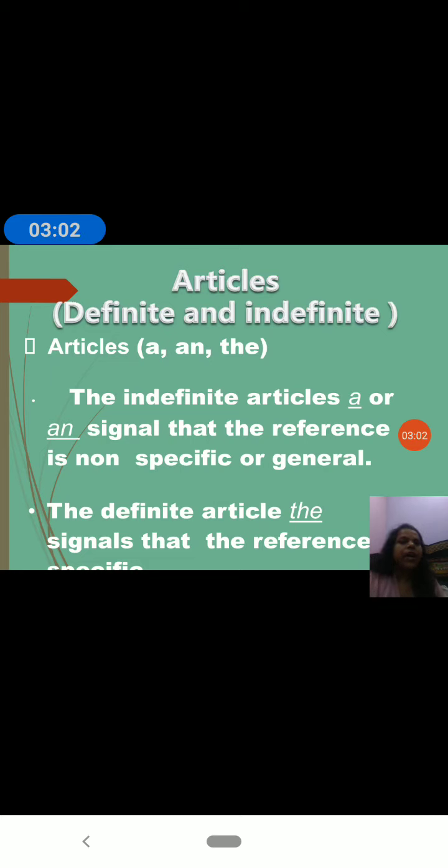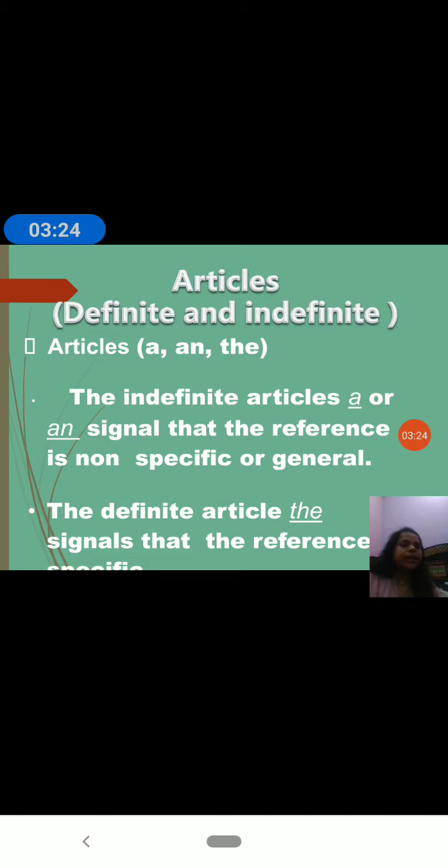The indefinite articles a or an signal that the reference is not specific or general.